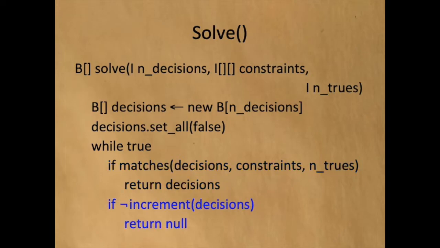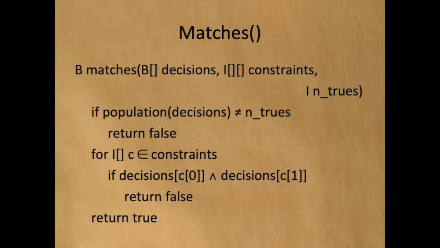The increment function increments the array results as if it were a binary number, and it returns whether or not the number increased. If the increment did not increase the number, then we're wrapping around and no solution will ever be found. The function matches checks 2 things. First, it verifies that the population of the vector equals the number of truths.